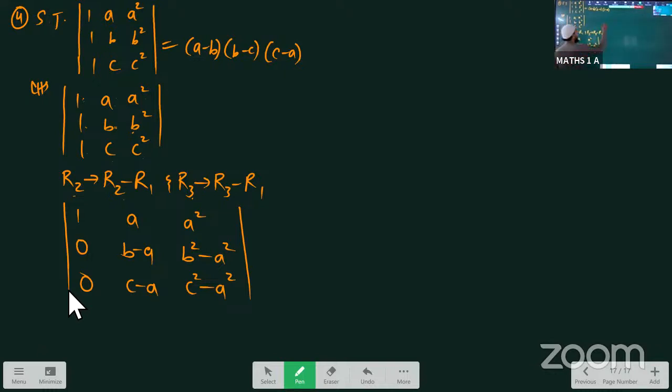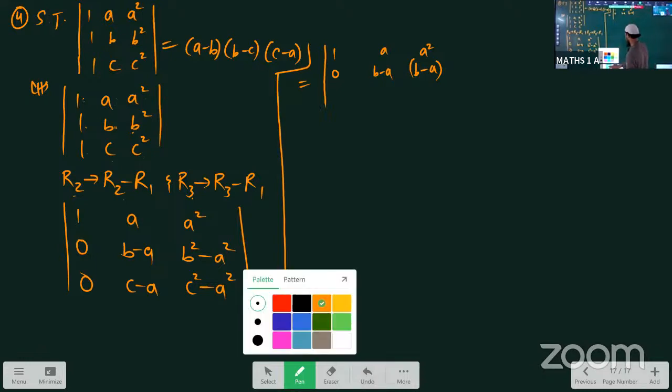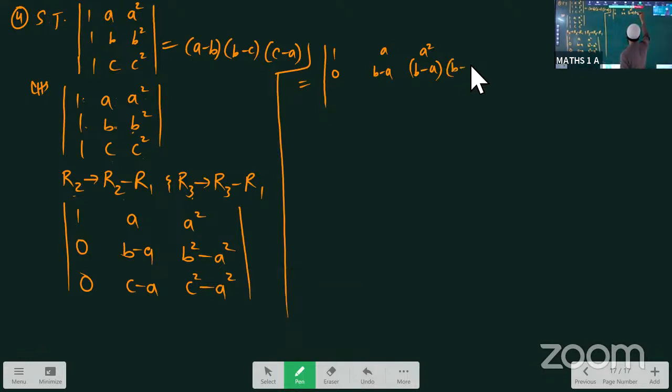So LHS only, I am finding the determinant of [1, a, a square], second row is 0, b minus a, b minus a into b plus a.